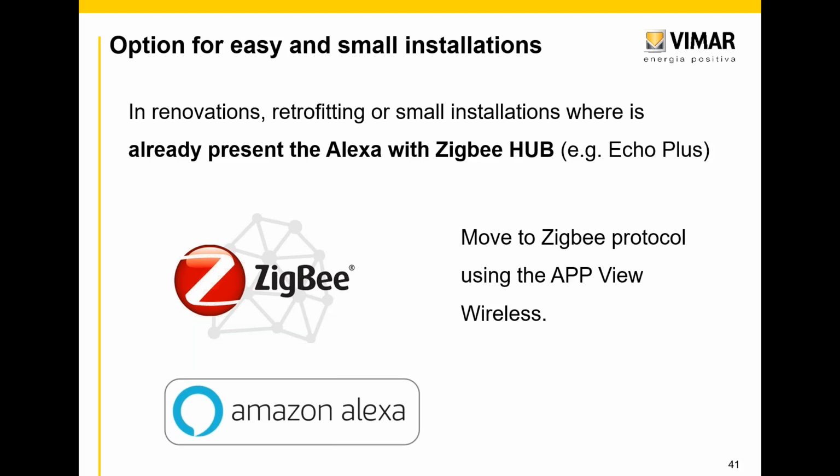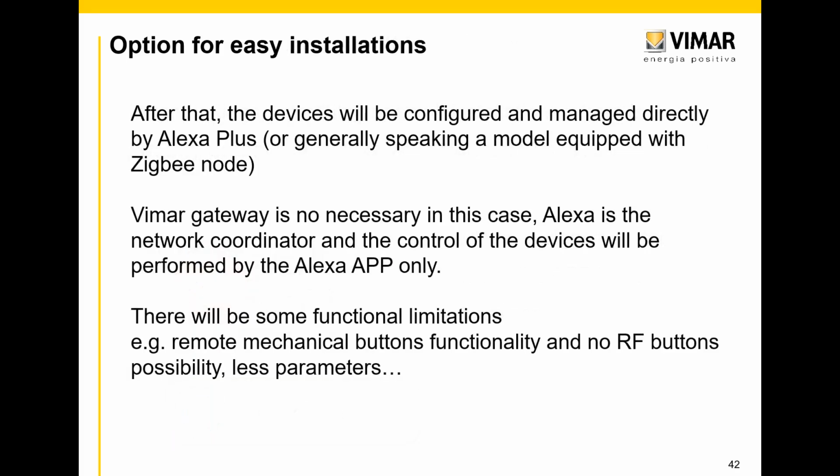Because moving the firmware to Zigbee protocol allows the devices to be discovered directly by Alexa without using the gateway. So we can directly discover the View wireless devices, turned to Zigbee protocol, directly by Alexa.